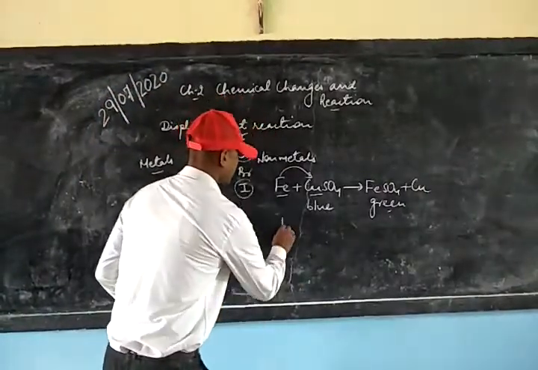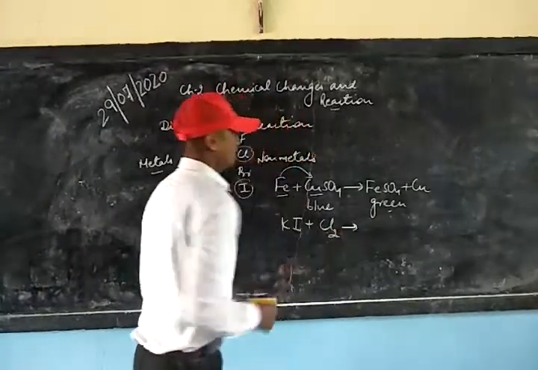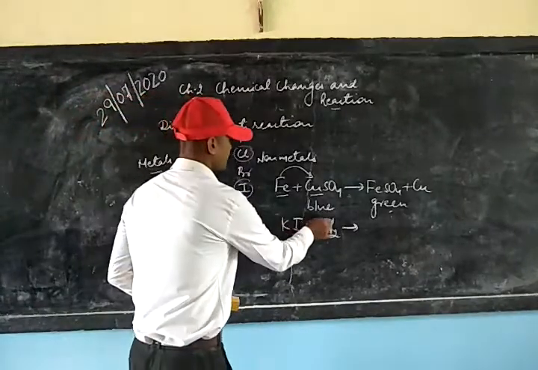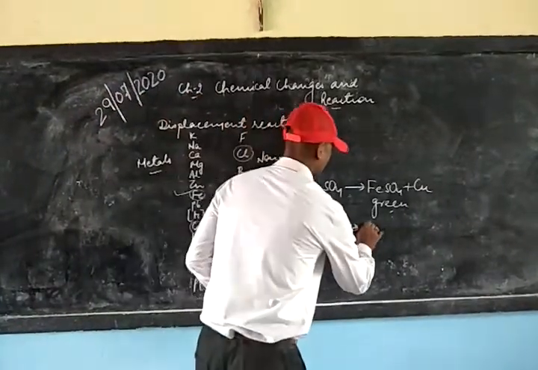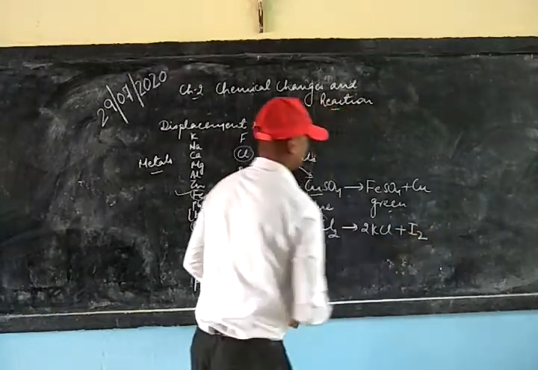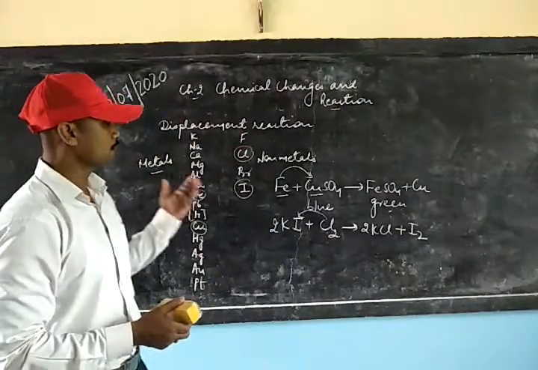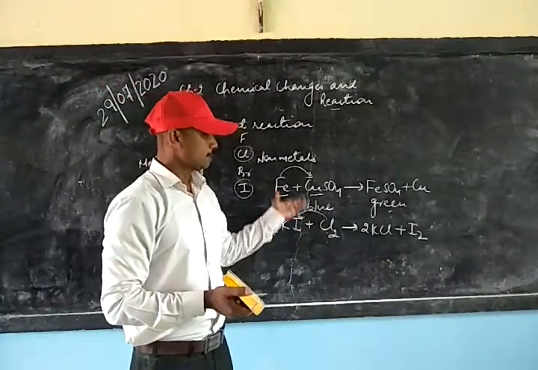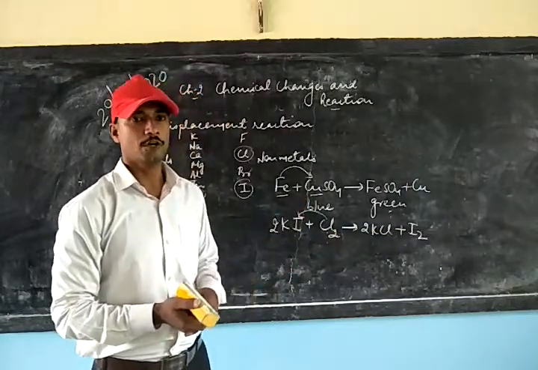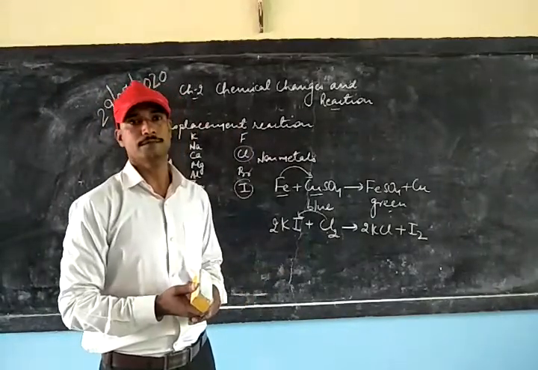Here we can see the reaction between potassium iodide and chlorine, where chlorine is more reactive than iodine, so it can easily displace iodine to form potassium chloride and iodine. You can balance it using these numbers. Here also you can see that the more reactive non-metal is displacing the less reactive non-metal from the salt. This is called displacement reaction.